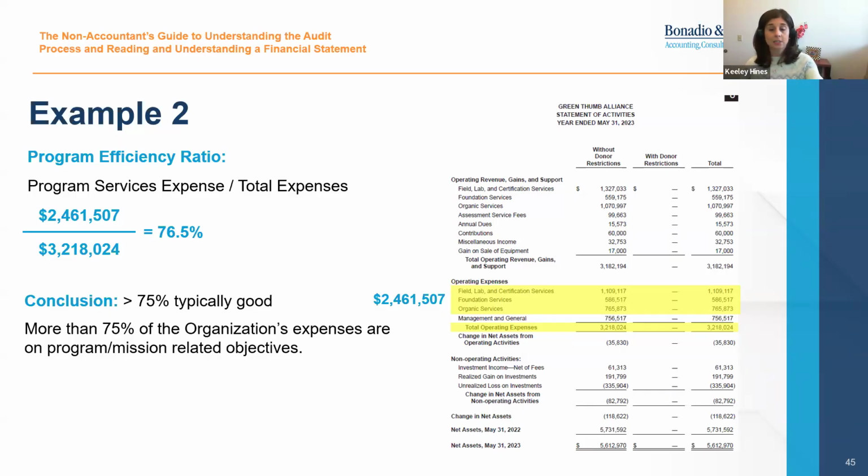So it's really nice to determine and build up the historical context for your organization of, do you run at about 75%? And if you start seeing significant fluxes, is it because maybe you've eliminated some programs and now your management in general proportion is sky high? And maybe you need to shrink down some of those management in general related expenses.